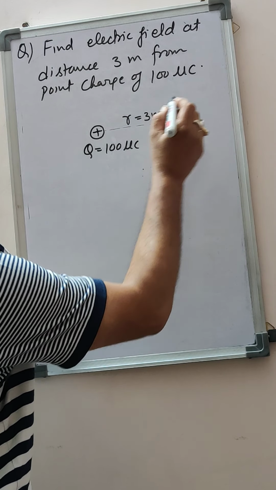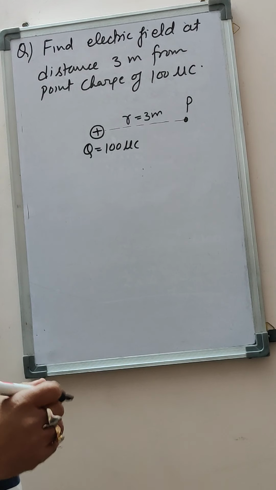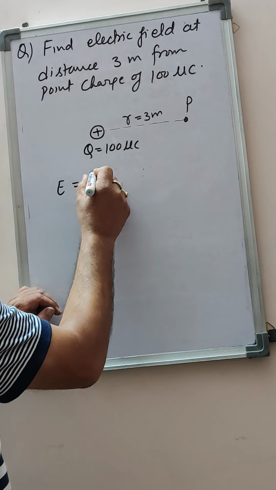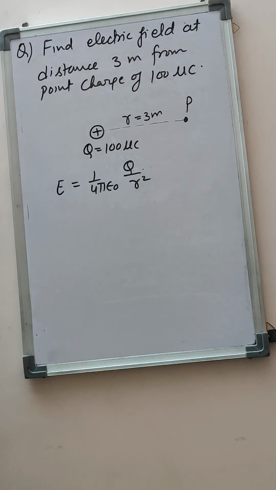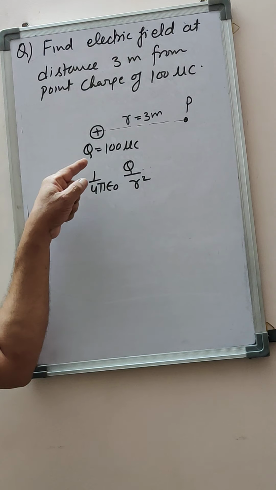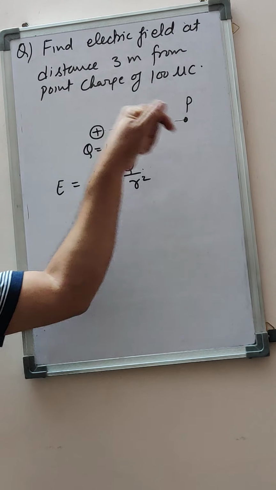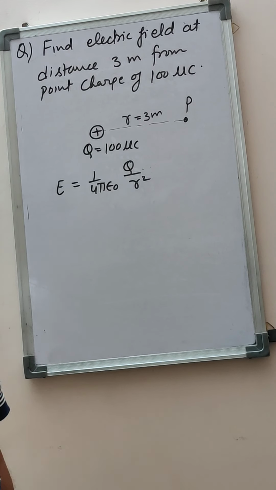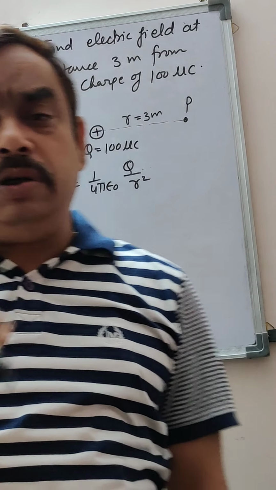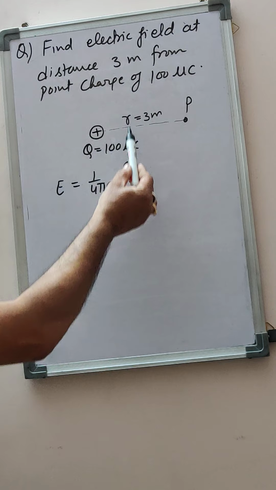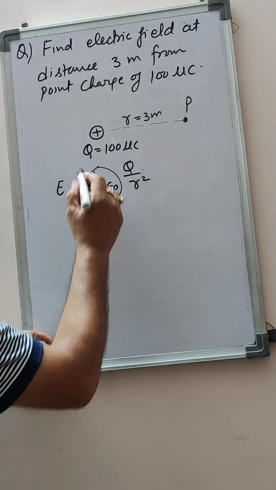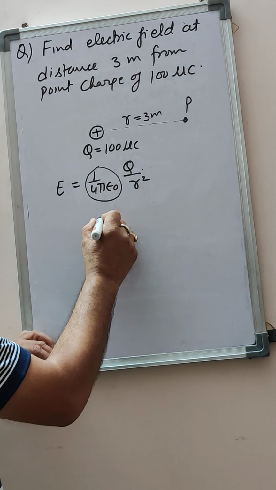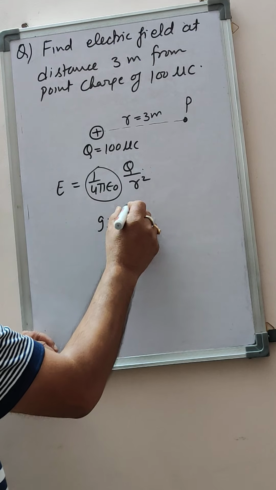3 meter. So now to find the field here, the formula applied will be E is equal to 1 by 4 pi epsilon naught Q upon R square, because Q is given, the magnitude of that charge which is producing the field. In the previous question, the charge which was placed in electric field was given, so that was taken Q naught, and here the charge which is producing the field will be capital Q. This value I think you should be remembering, that is 9 into 10 to the power 9.